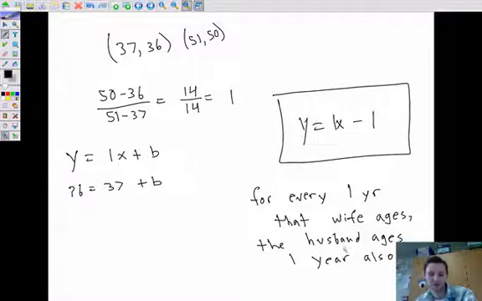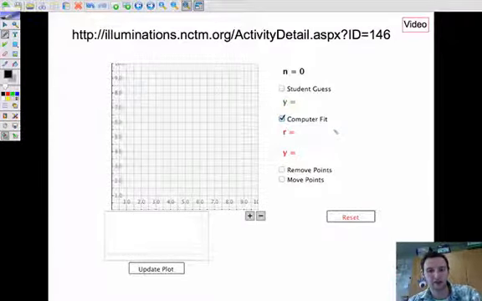Or you could say it vice versa. You could say for every 1 year that the husband ages, the wife also ages 1 year. Okay, so that's what this slope of 1 meant. In other cases, we will see different slopes that would make more sense in terms of those two variables. But a slope of 1 definitely does make sense in terms of these variables.